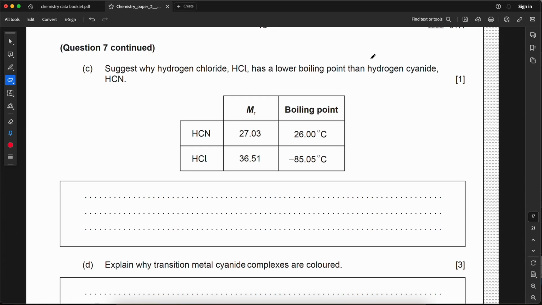Suggest why hydrogen chloride HCl has a lower boiling point than hydrogen cyanide HCN. Okay, so HCN has a stronger dipole-dipole attraction.